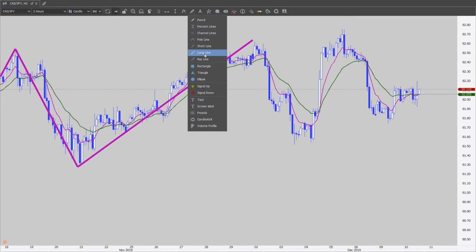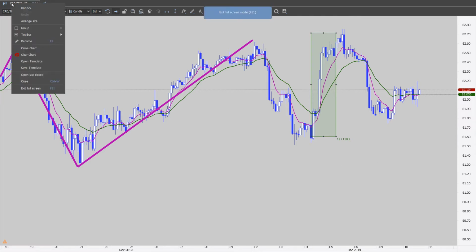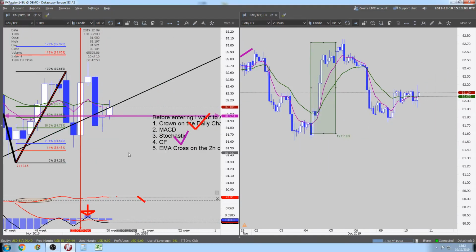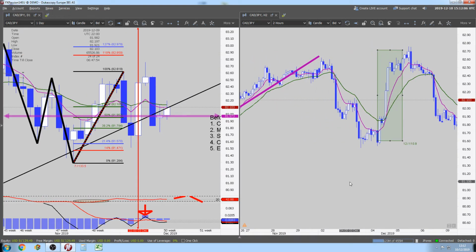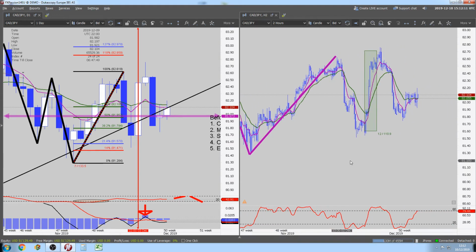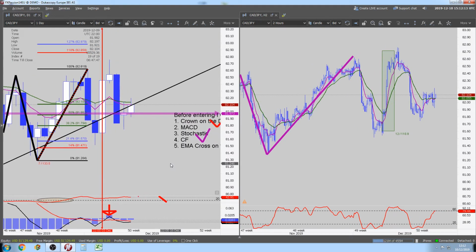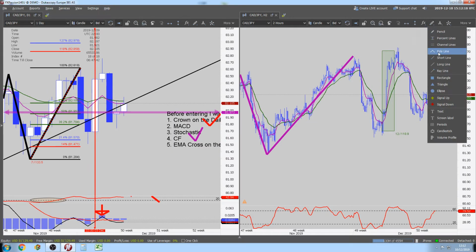this is the bullish candle here. I should wait, right? Because the bullish candle happened on December the 3rd, after the crown appeared. So for me, in order to enter, this was not the signal, everybody.